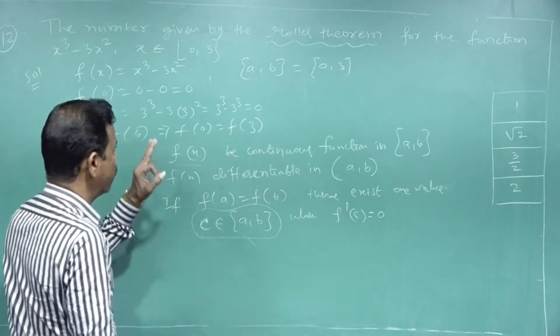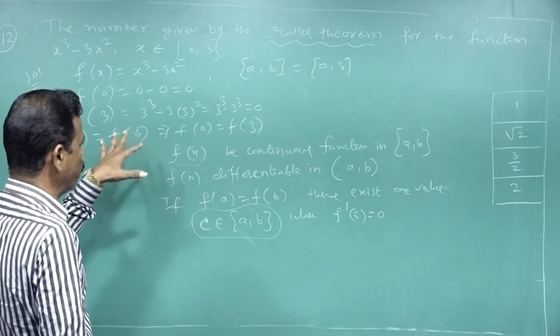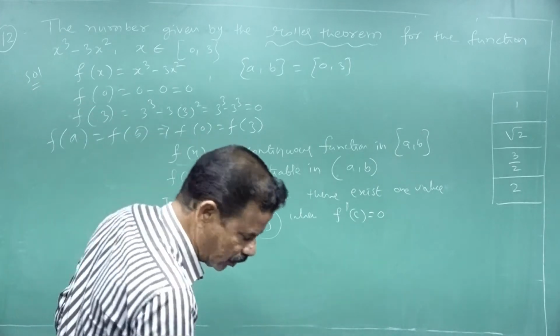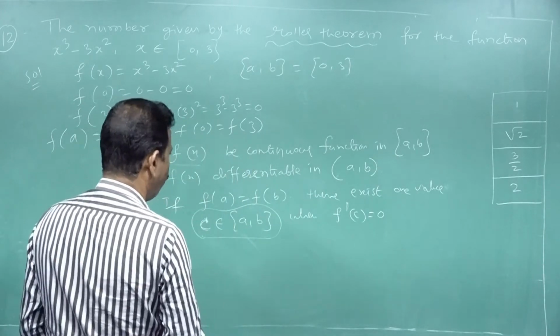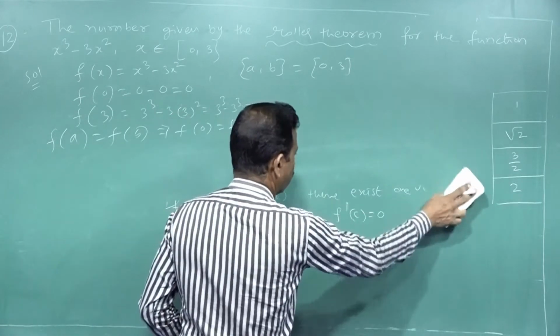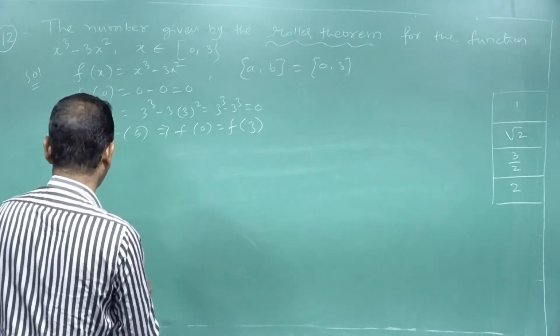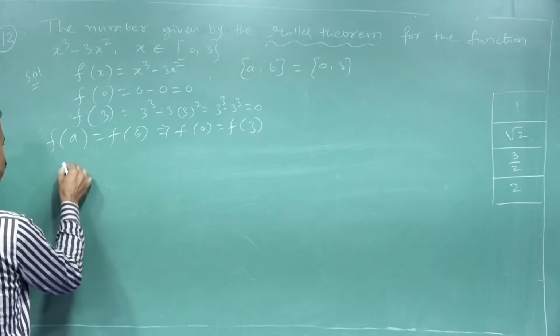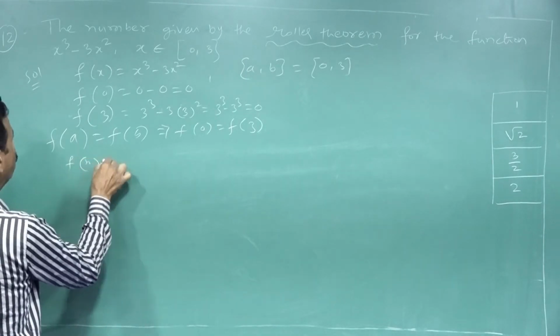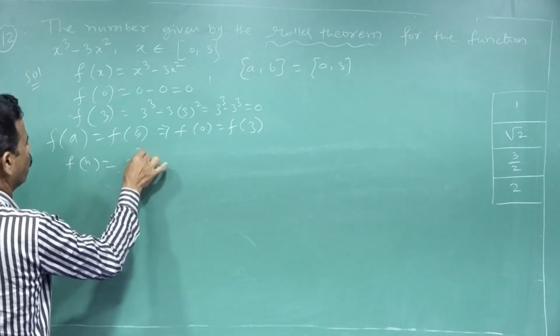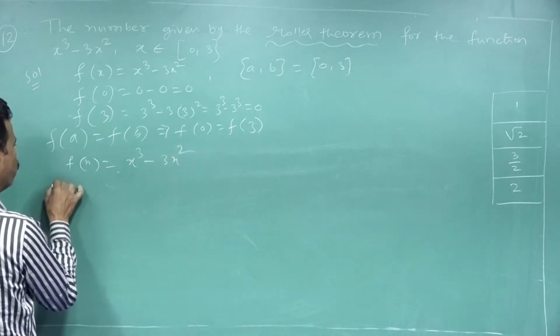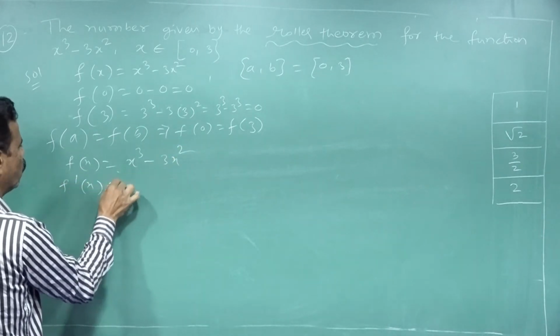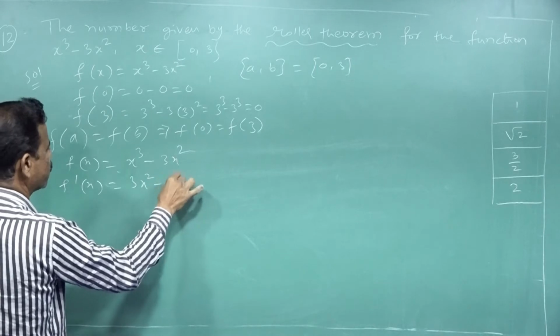That's why it is a continuous function and differentiable function. After that, we find f'(c). That means we differentiate the function f(x) is equal to x cube minus 3x square on both sides. f'(x) is equal to 3x square minus 6x.